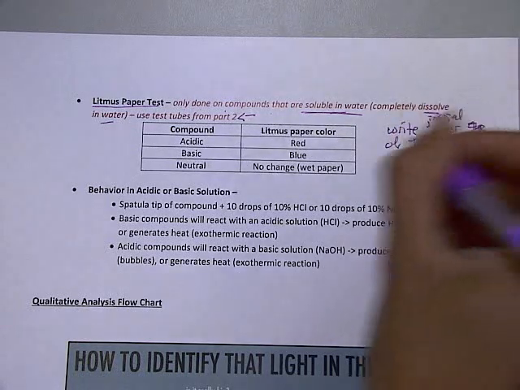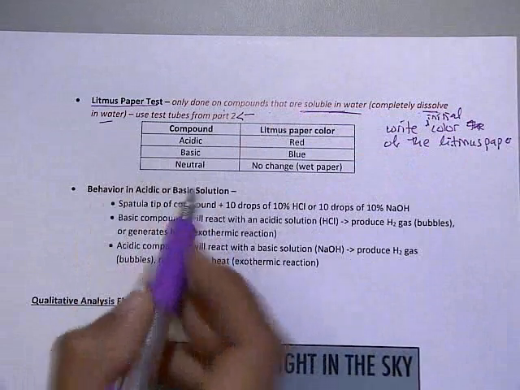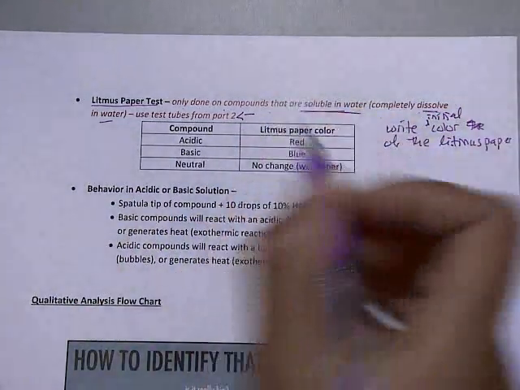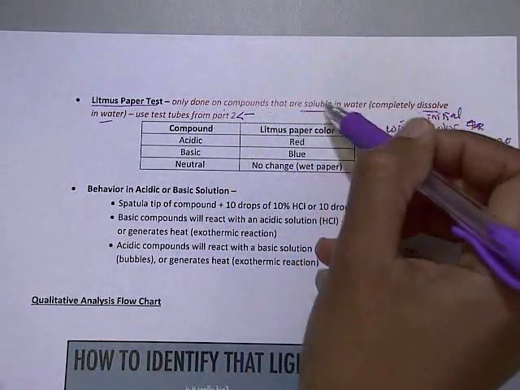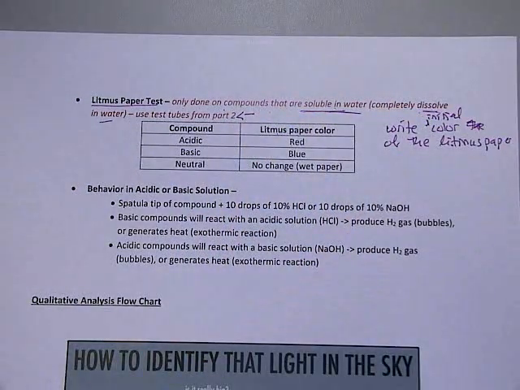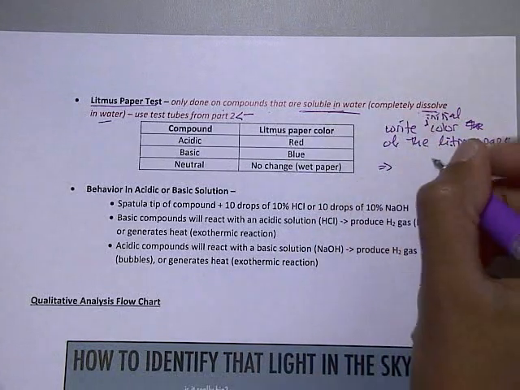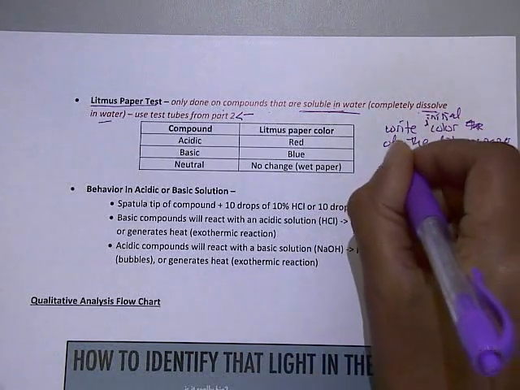But in your lab notebook, I also want you to write the result of the color that you get when you treat it, when you put it into your soluble compounds in water. So you write the initial color of the litmus paper. You should only do this once.